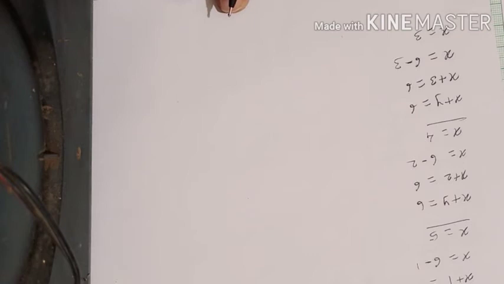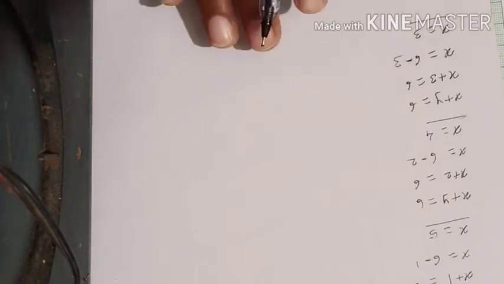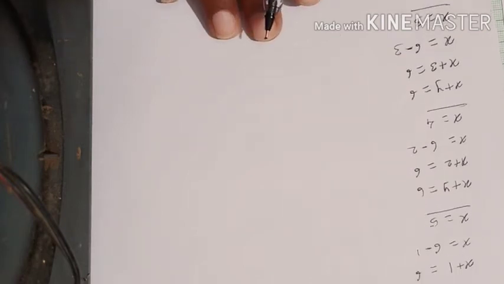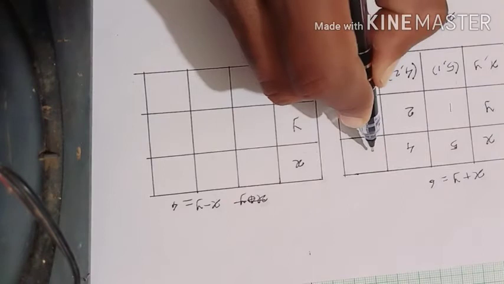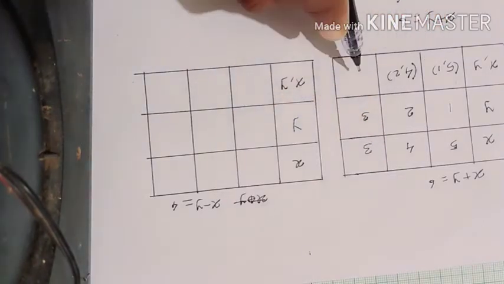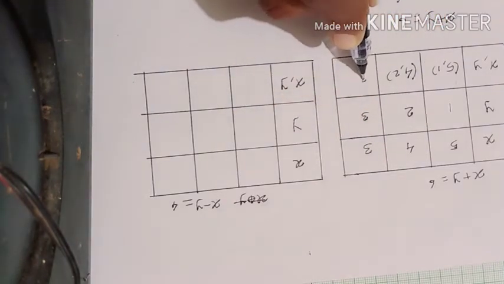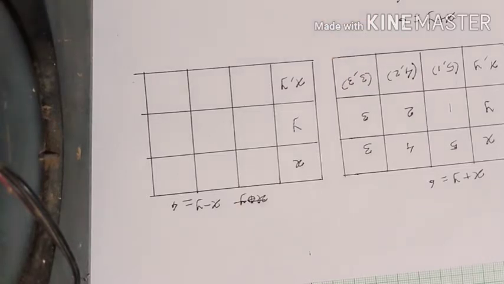Therefore, x is equal to 3. We got the value of x, after putting the value of y in the equation. That is, the value of x is 3, and the coordinates of the point are 3, 3. It is the first box.